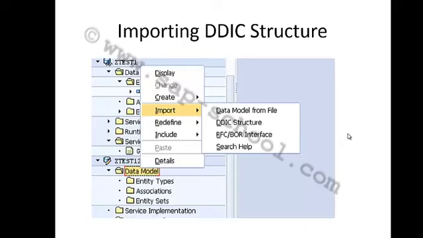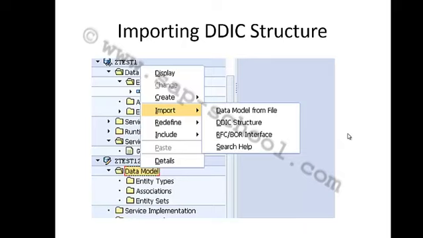These DDIC structures can be imported only for the project types service with SAP annotation and service with vocabulary based annotation, similar to the data model from file. We can import the DDIC structures into the service builder, which are views, database tables and structures. So only these three DDIC structures can be imported into the service builder.